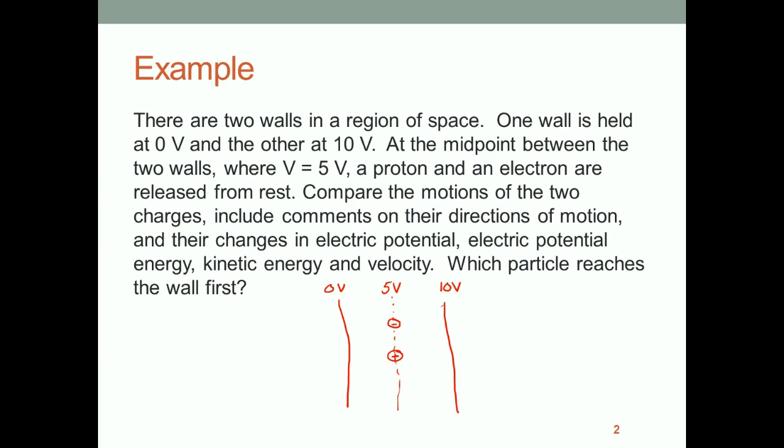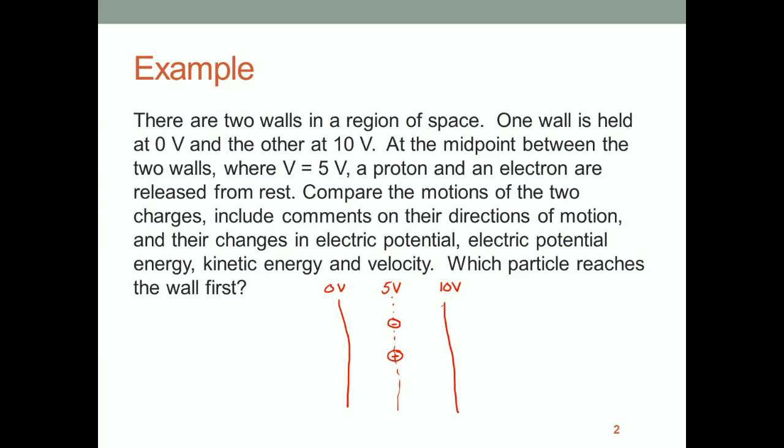If you think about the electric potential due to a point charge, that goes as kq over r. So the potential due to a positive charge will be a positive number. The potential due to a negative charge will be a negative number.